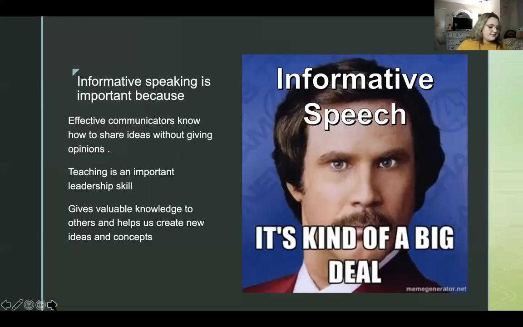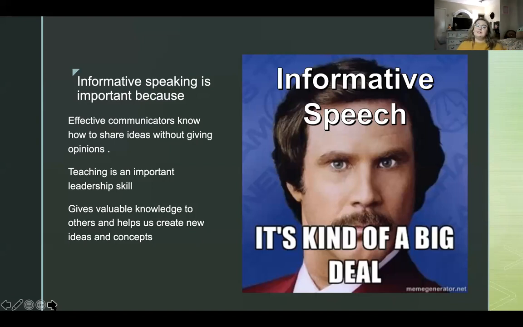With that being said, informative speech is actually very important. Rules are types of informative speeches or informative writing that keep us safe. Driving laws. Someone taught us that once, and now we know how to drive and to be safe and protect ourselves and protect others.